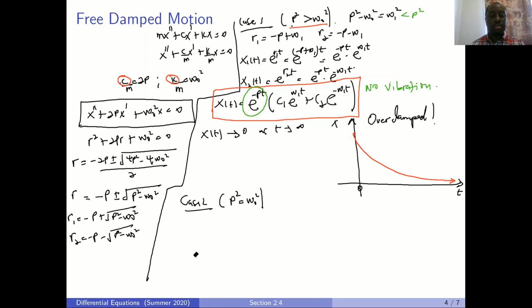Then we get repeated roots. So r1 is just going to be minus p, and it's going to be the same as r2. So in that case, we can expect a general solution of the form C1 e to the minus pt plus C2, we need a linearly independent solution, so t e to the minus pt, if you recall this.